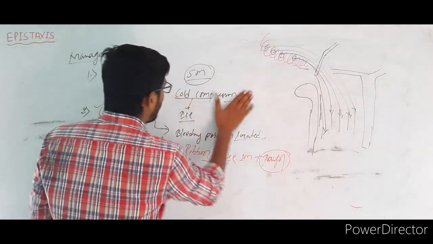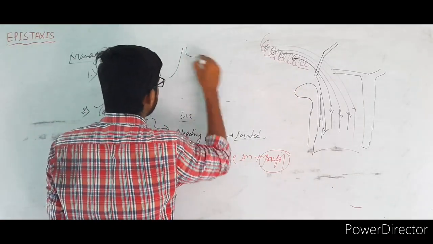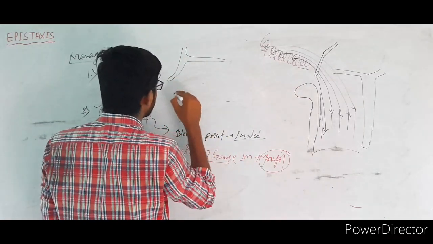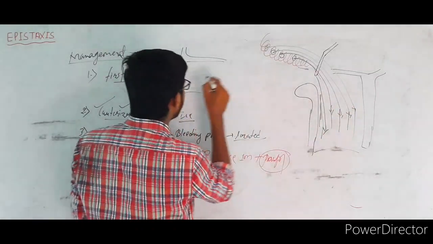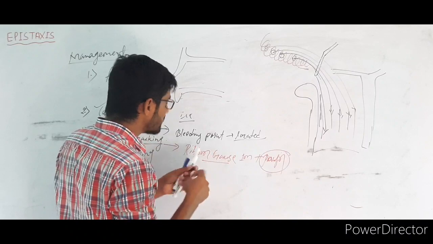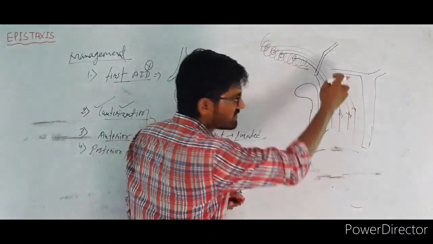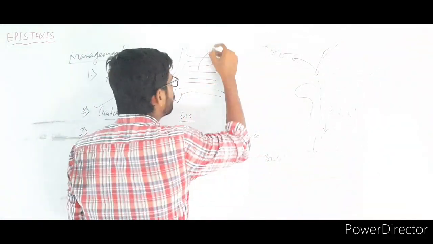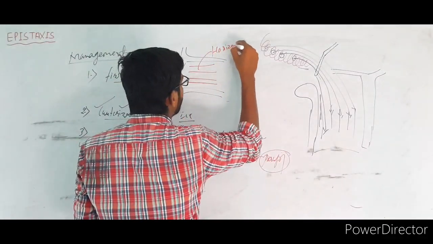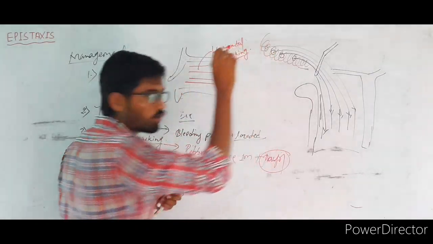Now, if the diagram is like this, then the layers will be like this, and that is called horizontal packing.